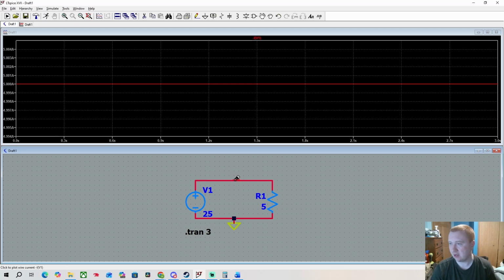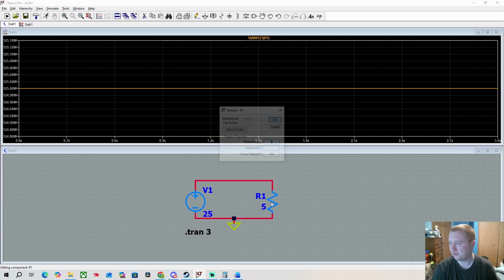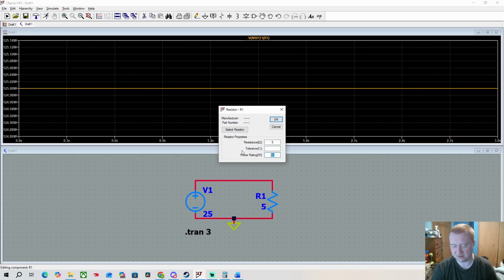So we are going to get the full 5 amps, the power, 125 watts. Let's just say if I change that to 50, I don't think it would change actually. No. LTSpice does not take into account thermal models, so let's just go back to 200.